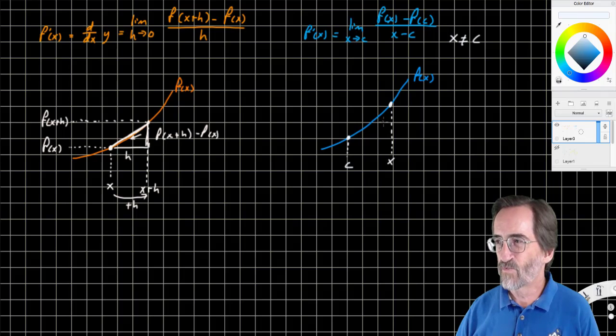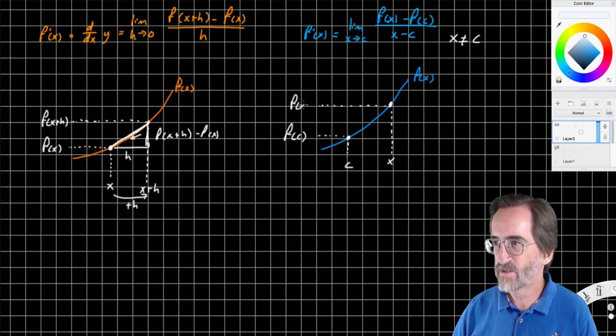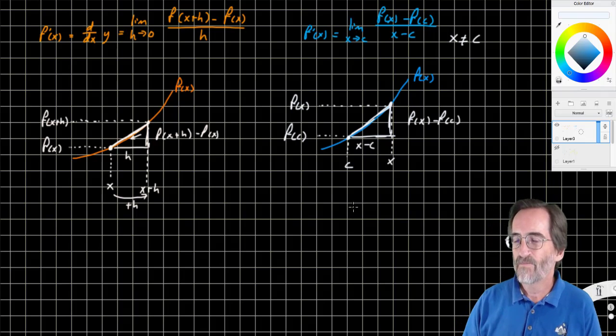We let x go closer and closer and closer to c. The output of c, if I input c, is f of c. The output of x, if I input x, is f of x. And again, the slope of the secant line, rise over run, change in y over change in x, is f of x minus f of c over x minus c. So really two different models of the same thing.